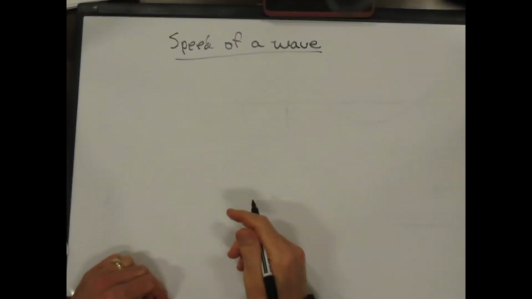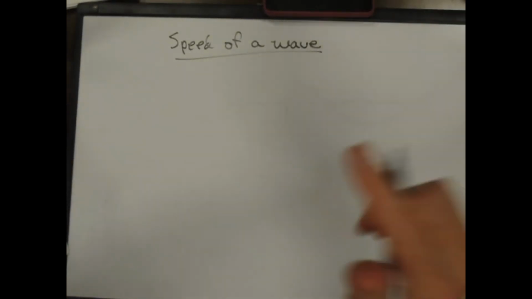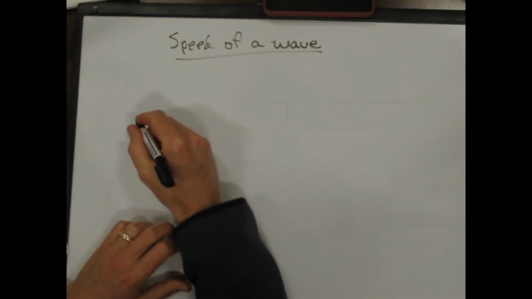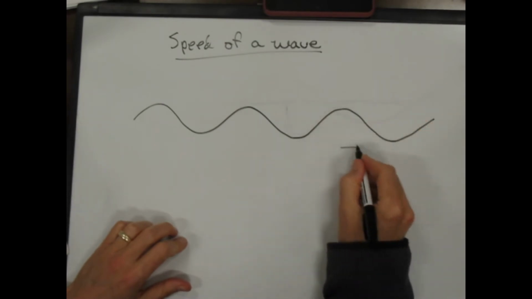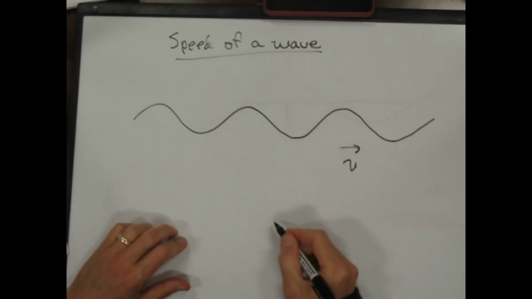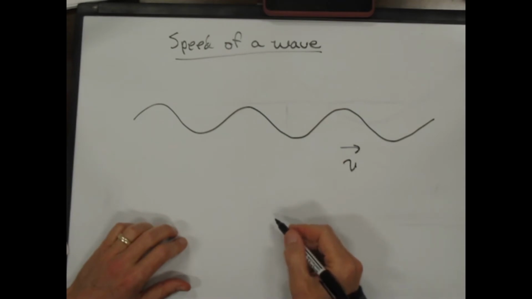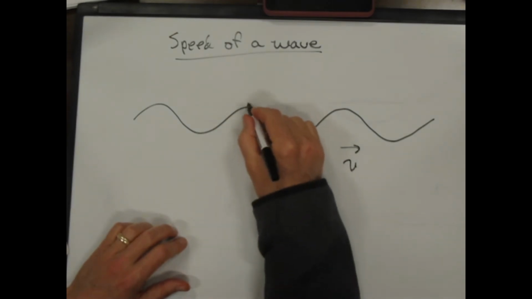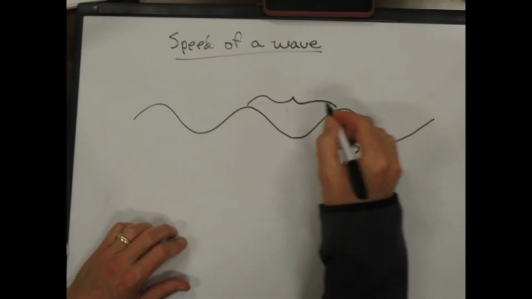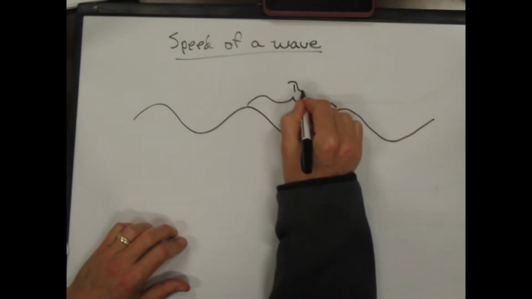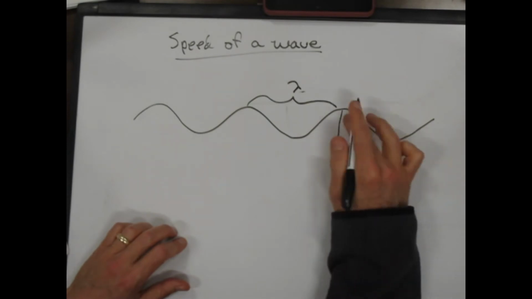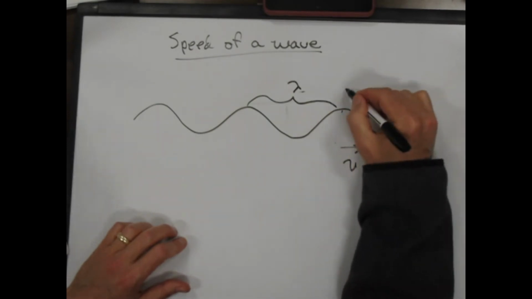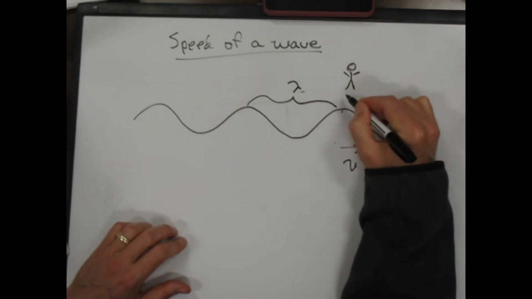So I just want to talk for a minute about the speed of a wave. If I have a wave that's going this way at velocity v, and I want to know its speed, well, this is its wavelength. So let's say I'm just an observer here.